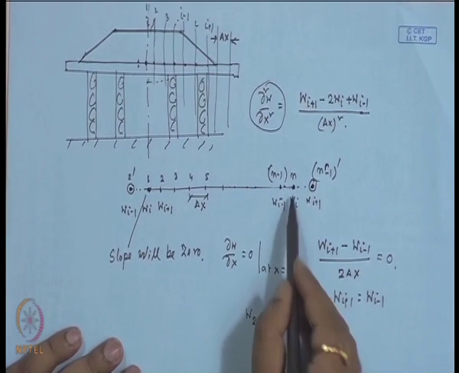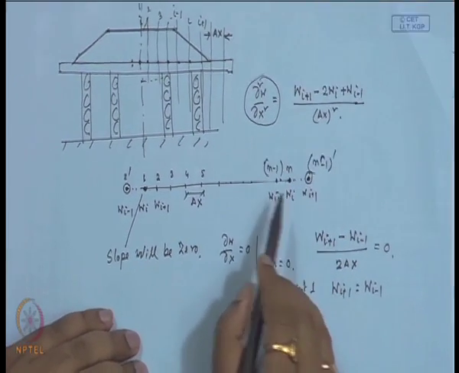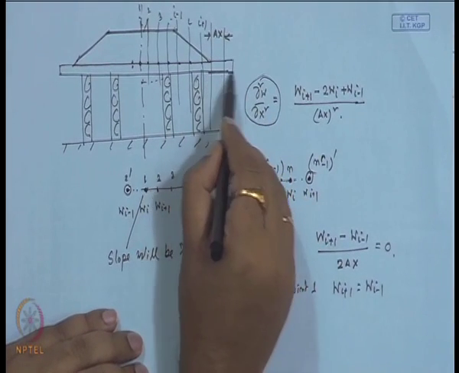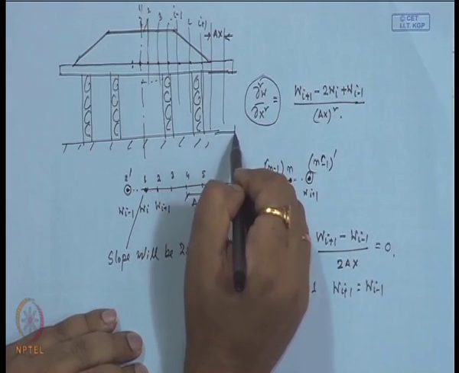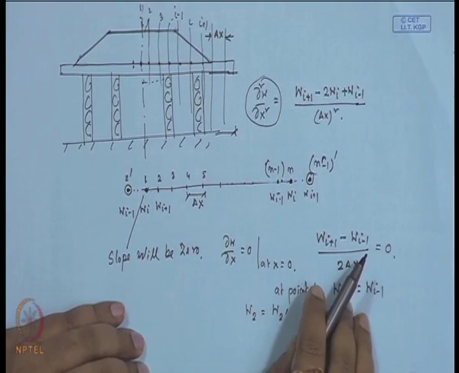That boundary condition is that at this end point also the slope will be 0.